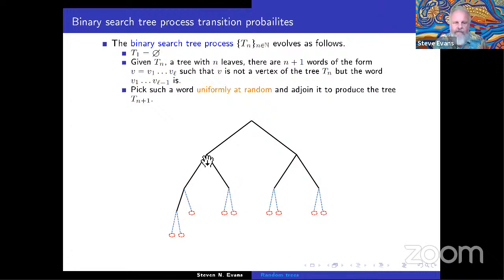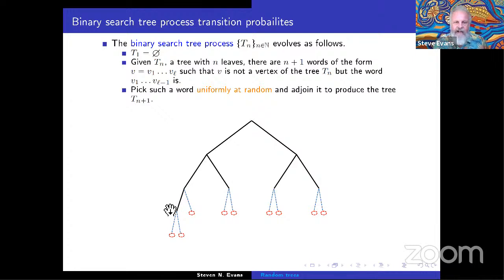Okay, because you know, here we've got 1, 2, 3, 4. So there's actually you know, 5 possibilities here.